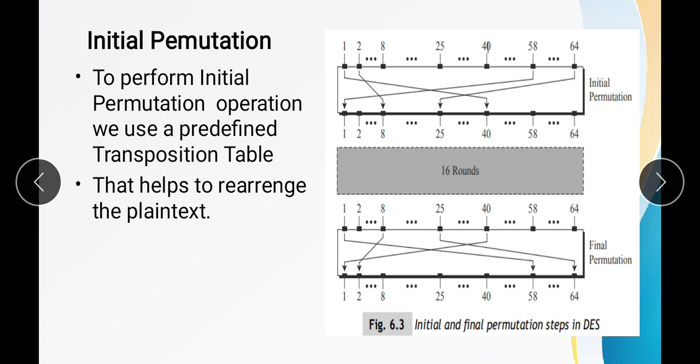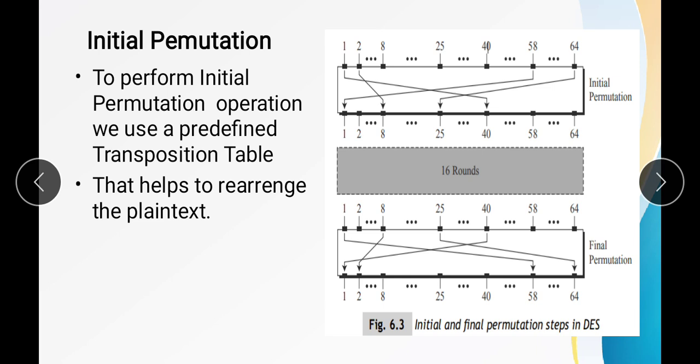Here we use a transposition table which helps us rearrange the whole data and provides us a 64-bit output. We have to apply this initially, and this provides us rearranged data. We have to perform this operation two times. Initial permutation means in the beginning, and final permutation means at the last.